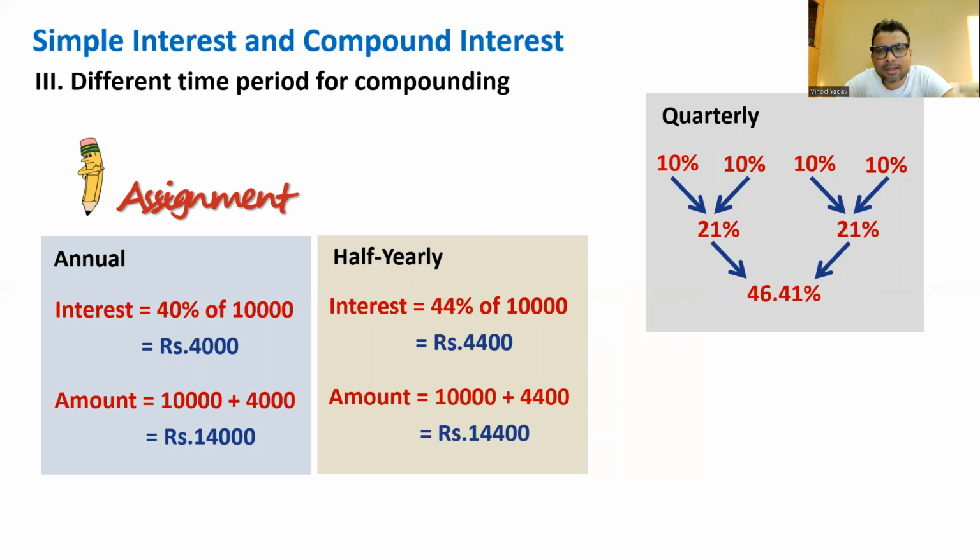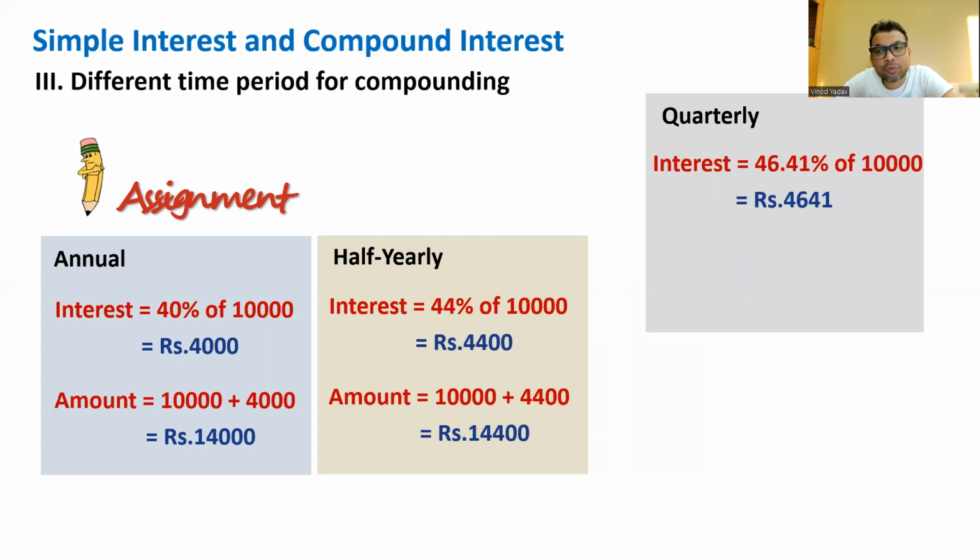Correct? Yes. So 46.41% of 10,000, 4641. This is the interest generated. Do you see how much more it is? The more you compound, the more number of times interest will be generated, which will be added to the principal. So the money is bound to increase, na?